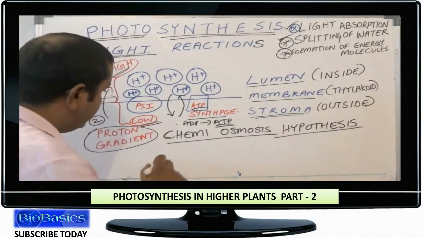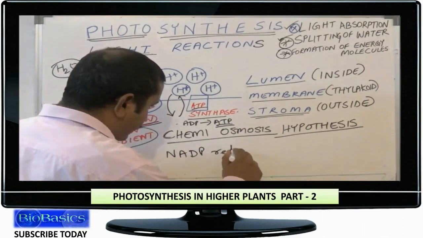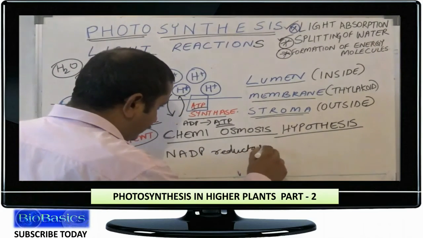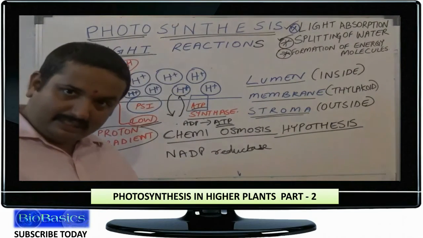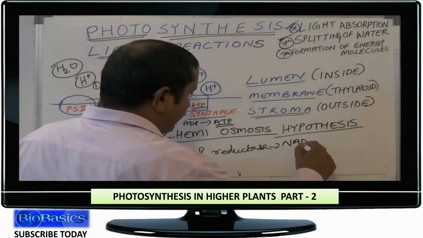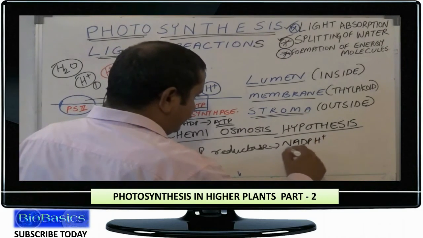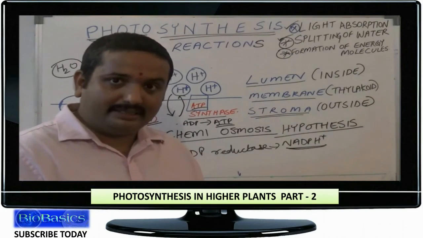Now there is one more enzyme called NADP reductase enzyme, which is responsible for the formation of NADPH, which requires protons again.